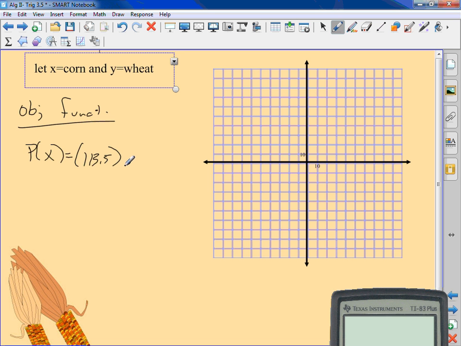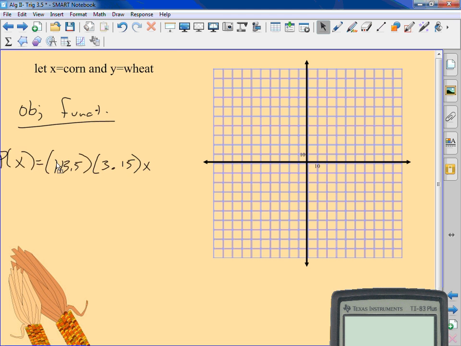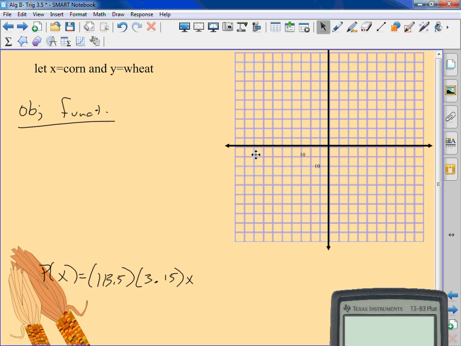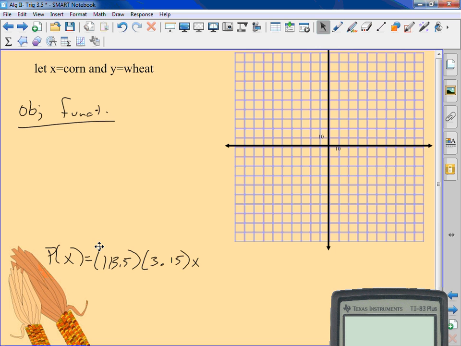What else do I know? Sells for $3.15. I'll put that down here. That is a P. Okay, that's corn. What do I know about wheat?